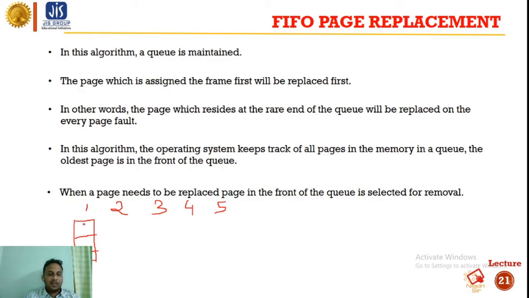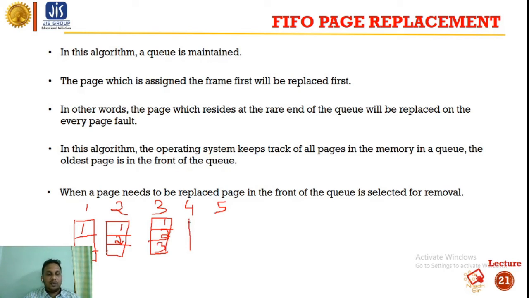So 1 is requested, so 1 will be placed. Next 2, we have free spaces, so 2 is placed. Then 3. The next one is 4.